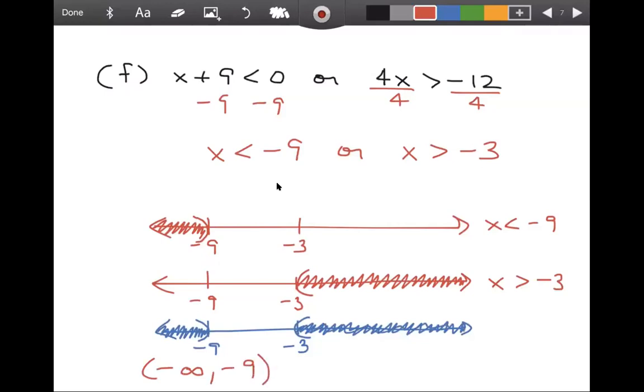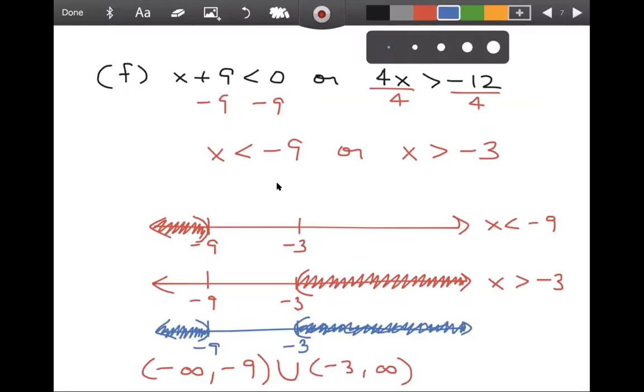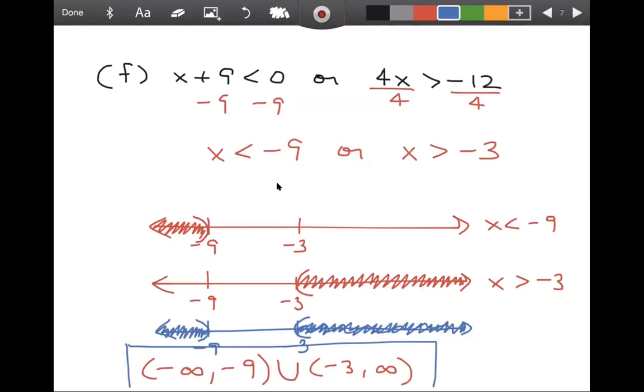And you write the interval notation for x is greater than -3, which is (-3, ∞). And you connect them with a union sign. So that is what your answer is going to look like. And when you're asked for the answer using interval notation, that's what you're going to write. So you have to use the union symbol.